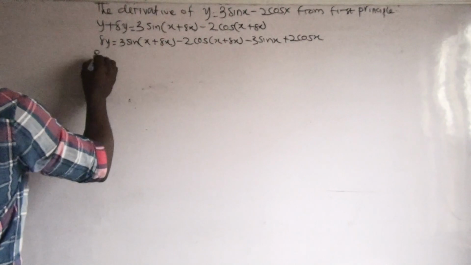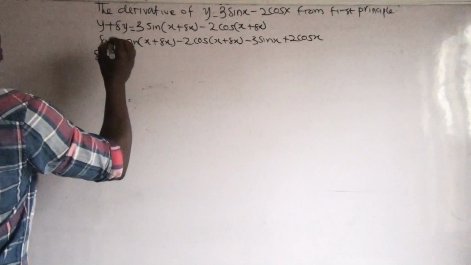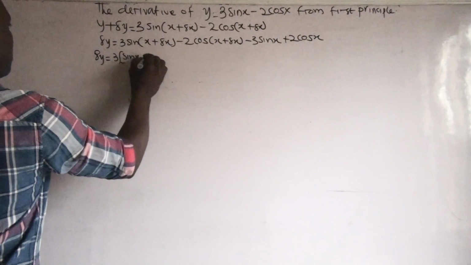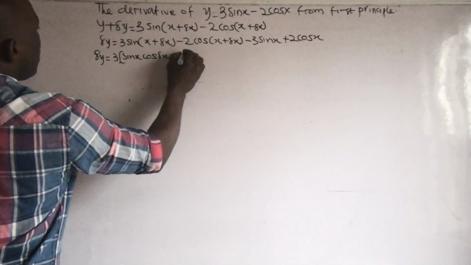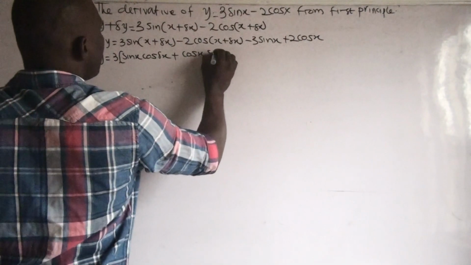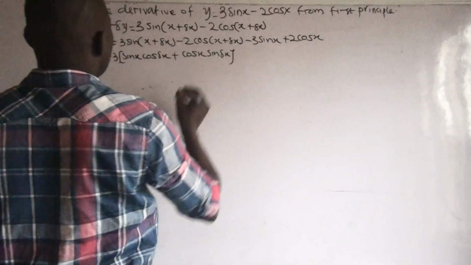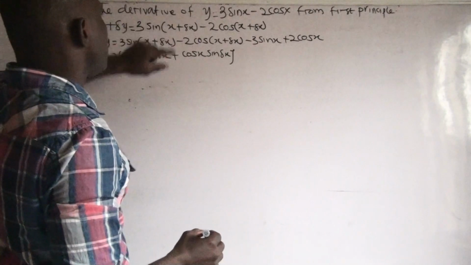This becomes delta y equals 3 open bracket, sin x cos delta x plus cos x sin delta x. That is for the expression 3 sin(x plus delta x).